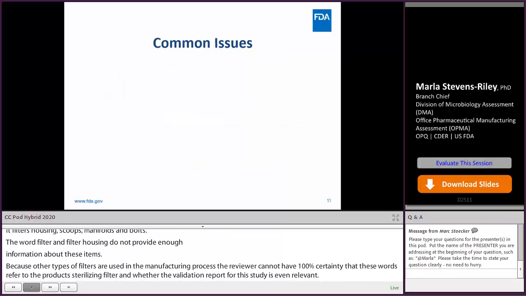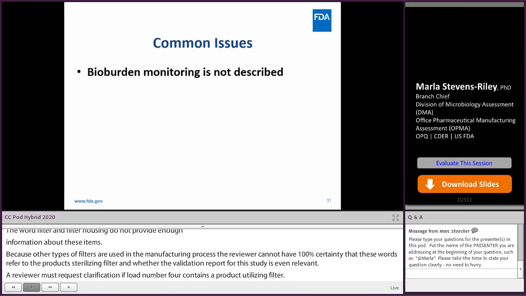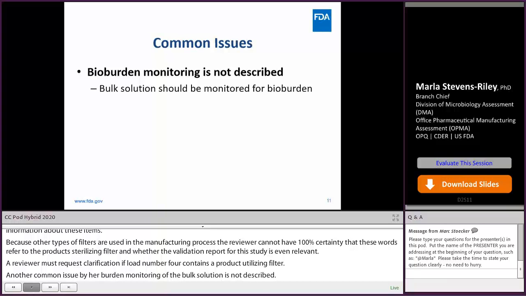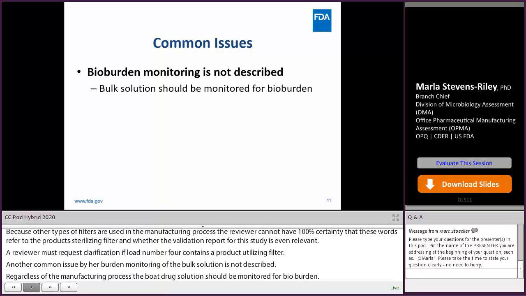Another common issue. Bioburden monitoring of the bulk solution is not described. Regardless of the manufacturing process, the bulk drug solution should be monitored for bioburden. There are 3 different common deficiencies associated with bioburden monitoring.